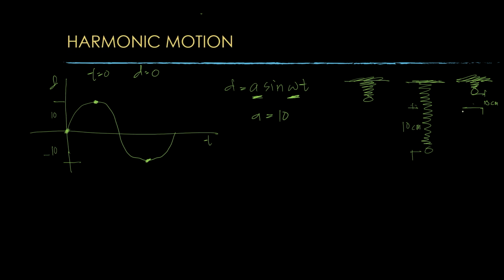It says here in the problem that the time it takes from the maximum distance below 0, which is negative 10, to the maximum displacement above 0, which is 10.